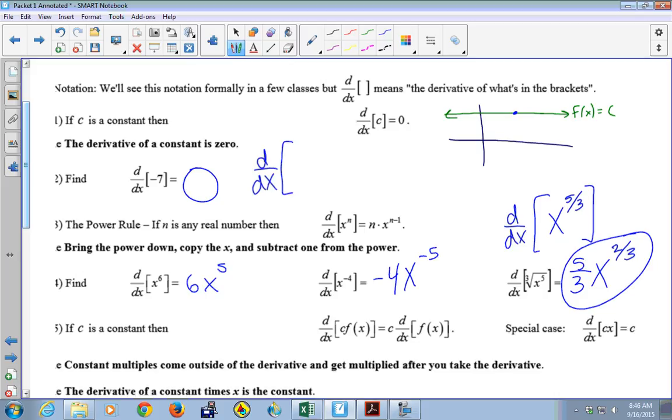But I could think of -7 as -7x to the 0. Because what does x to the 0 equal? 1. Anything to the 0 is 1. So if I write that as -7x to the 0, and then I apply the power rule, bring the 0 down, and I get 0x to the -1, which is 0. Right. So the rule for constants is actually a special case of the rule for powers.